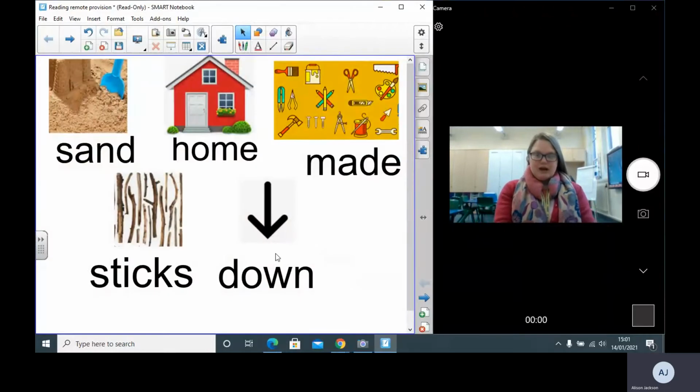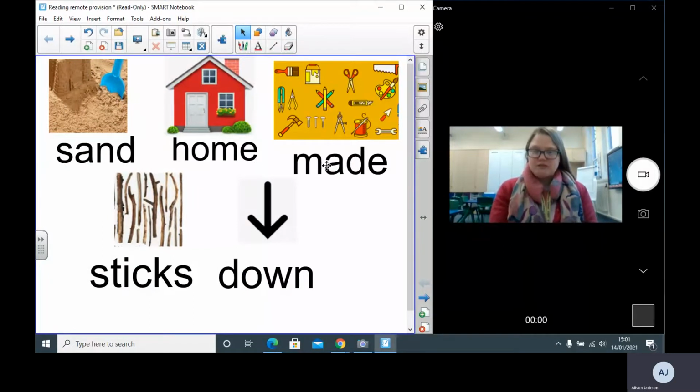So here's our vocabulary. The first one that we thought about was sand, and we find this on the beach. The second one was the word home, and we said the home is where we live. And then we spoke about the word made.